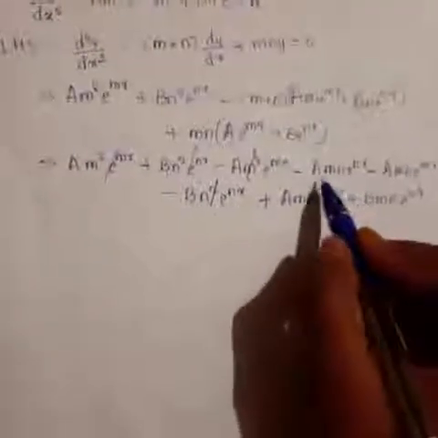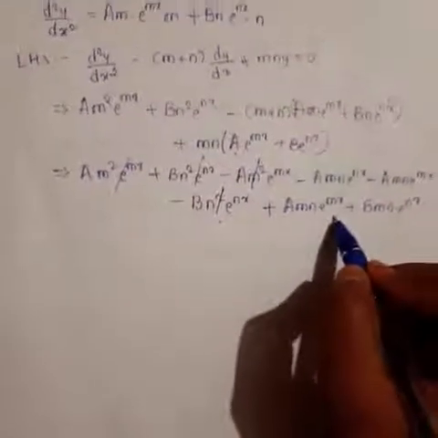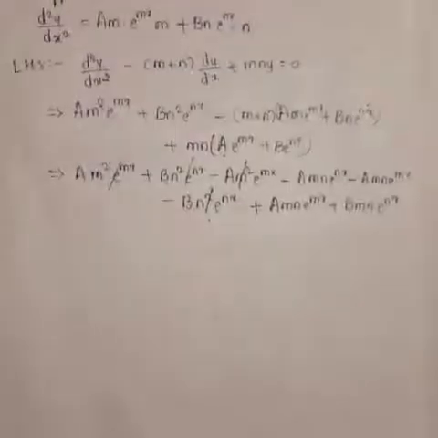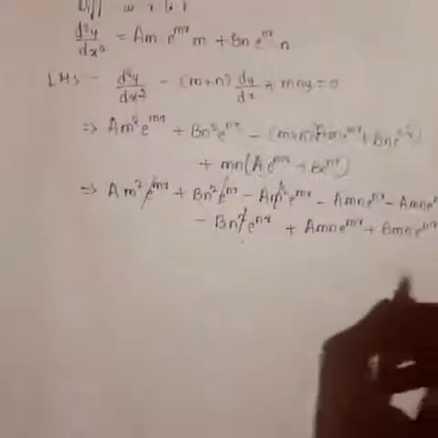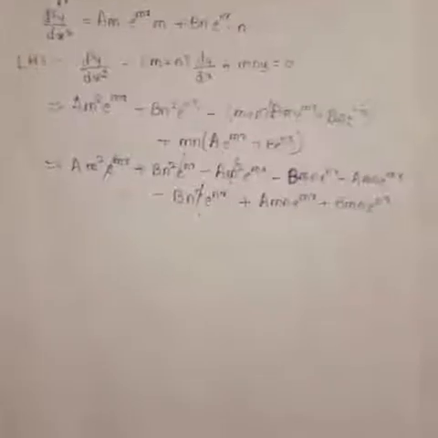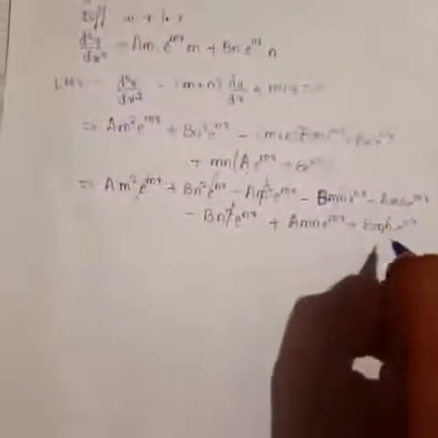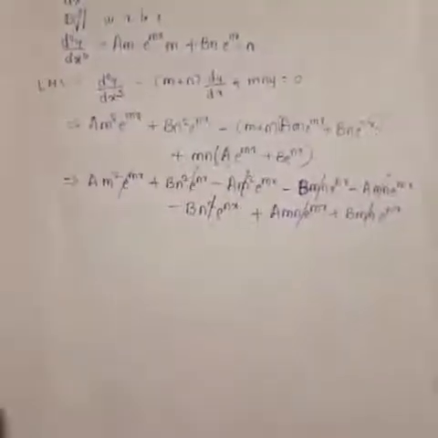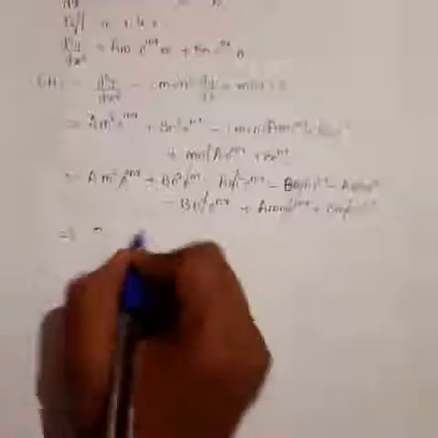Again see here, minus amn e raised to nx and plus amn e raised to nx are there, and then these two, minus bmn e raised to nx and plus bmn e raised to nx get cancelled, minus amn e raised to mx and plus amn e raised to mx get cancelled. What remains finally? All get cancelled, means it is 0.